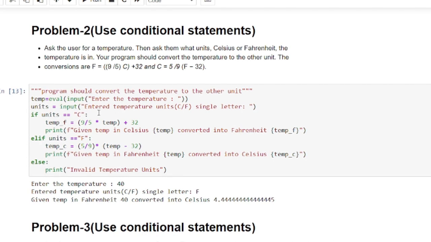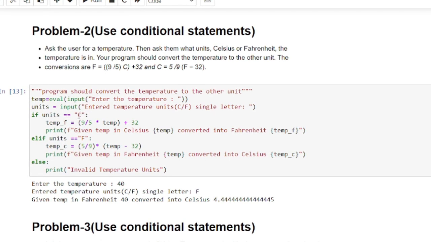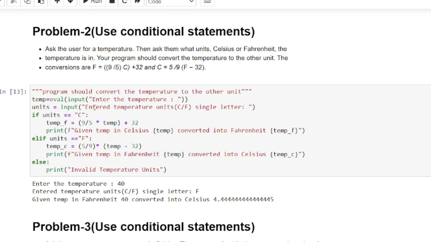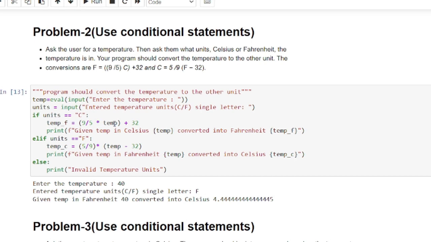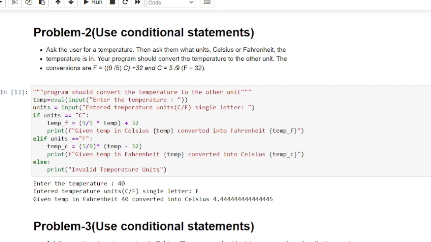So if the units is Celsius, I am converting into Fahrenheit: 9 divided by 5 times the temperature in Celsius plus 32. For the given temperature in Celsius, I am printing the temp and the conversion into Fahrenheit.